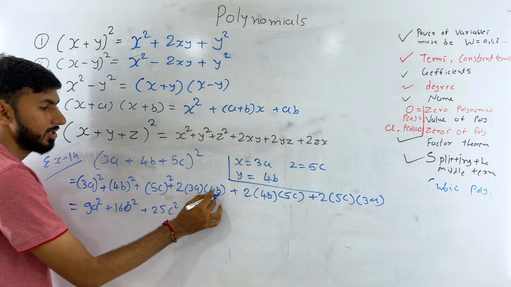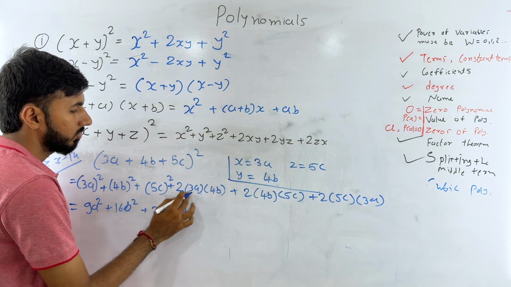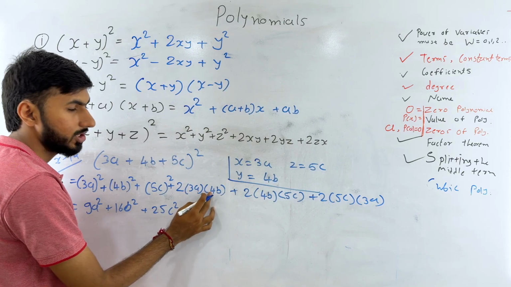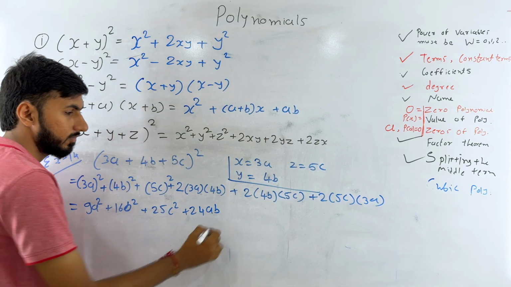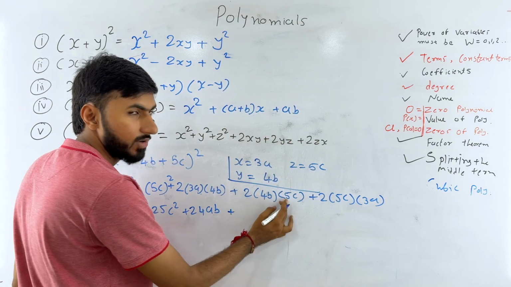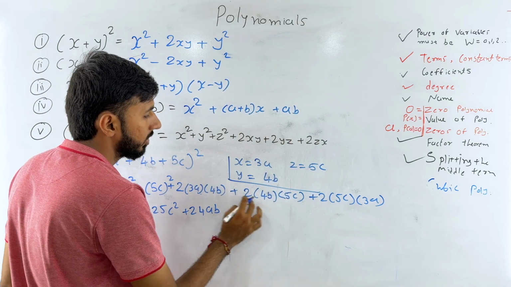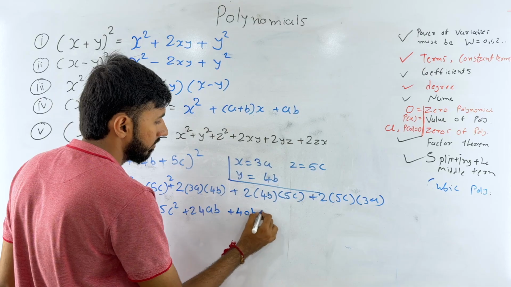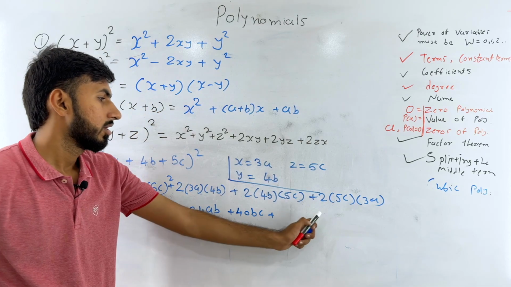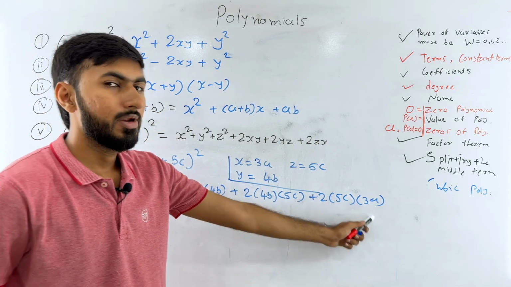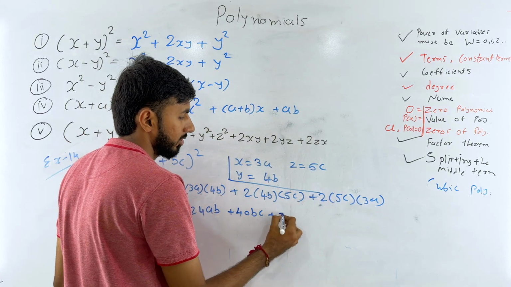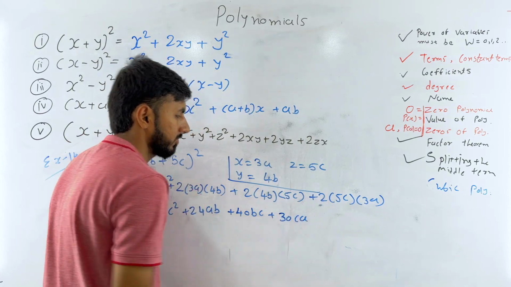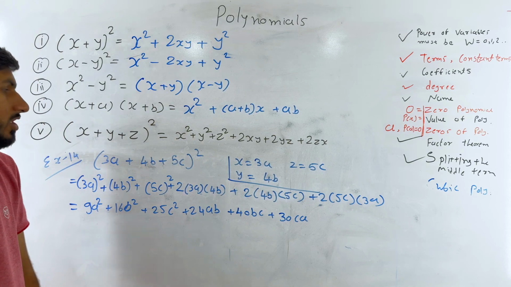Now 2 multiply 3a multiply 4b, that will be 2 multiply 3, that is 6, 6 multiply 4, that is 24ab, plus 2 multiply 4 multiply 5, that is 40bc, plus 5 multiply 2 multiply 3, that is 30ca. This will be your answer. Very easy to use this type of identities.